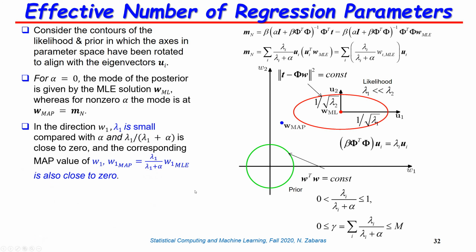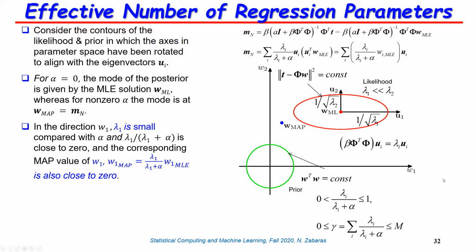So effectively now you can get an understanding why the summation of lambda I divided by lambda I plus alpha, summed over all the eigenvalues, is the effective dimensionality, and you can appreciate that this parameter gamma varies between 0 and m.